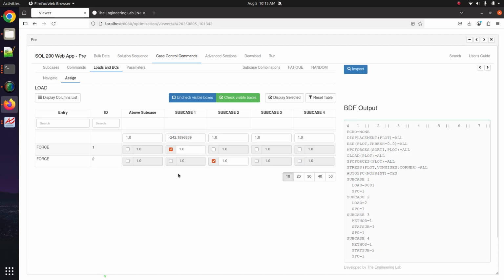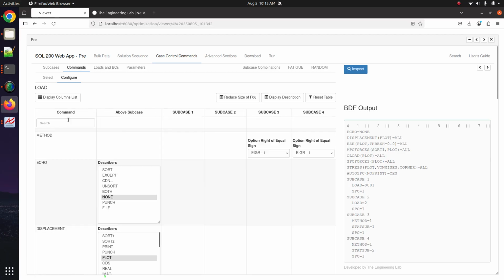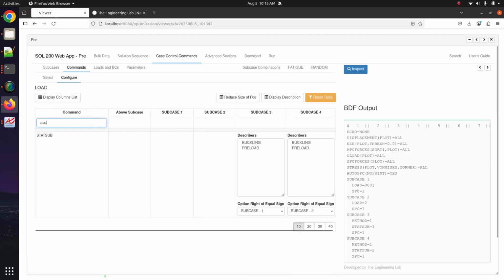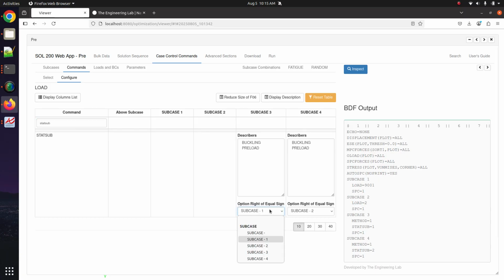Now, my apologies that earlier in this video, I forgot to specify the STATSUB command. This is very important. This is critical for your buckling analysis. Here, what we did is we created two new subcases, subcase 3 and 4. For subcase 3, we said perform a buckling analysis by using the results from subcase 1.